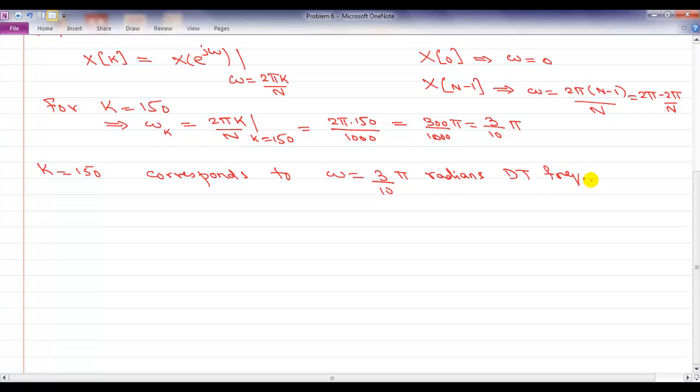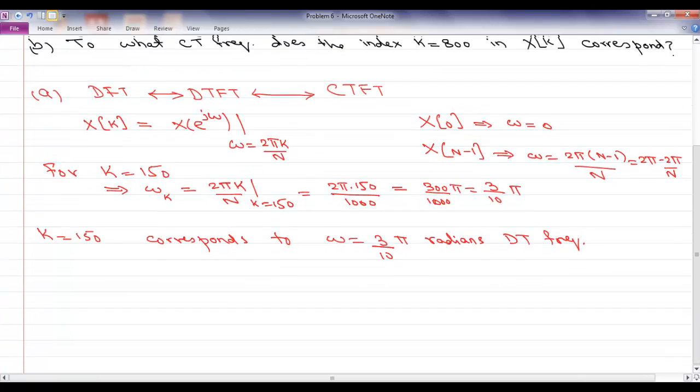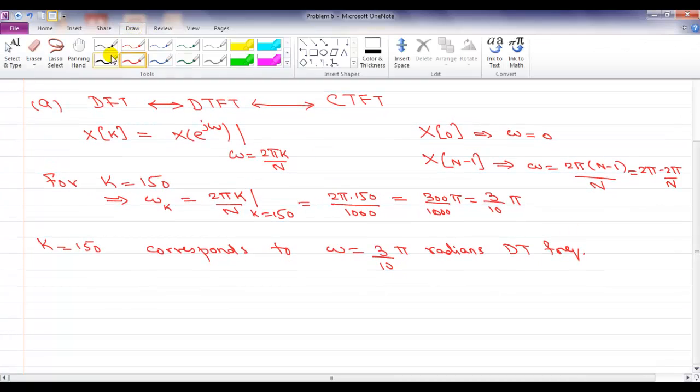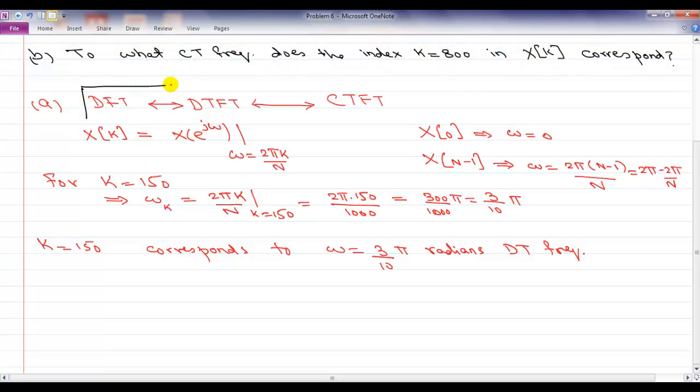Okay. Now the question is not asking about what does that correspond to in discrete time frequency. The question is asking what does that correspond to in continuous time frequency. So we have right now just addressed this part of the problem.